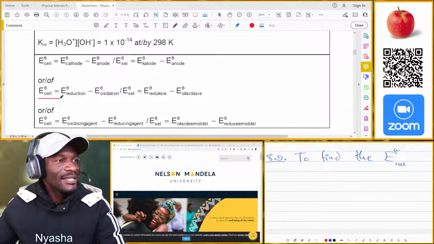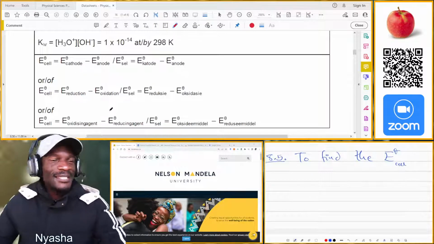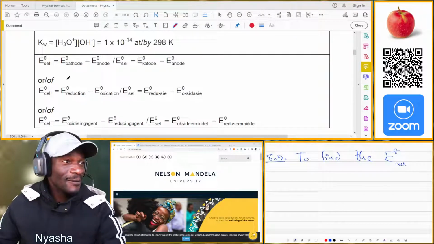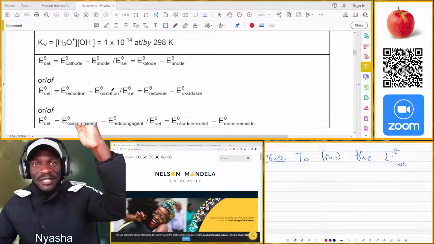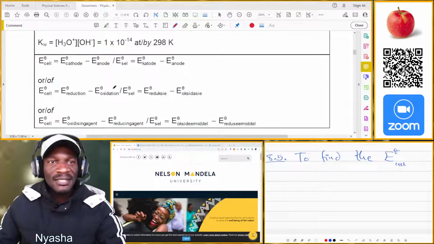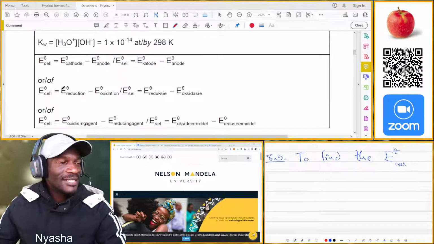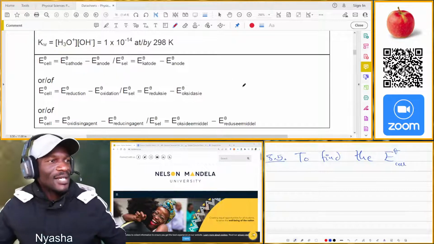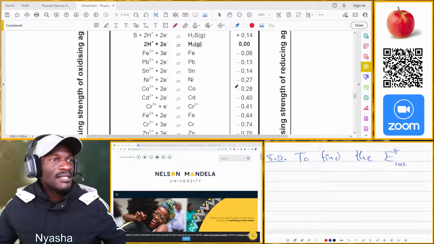Next is E cell is equal to E of the reduction equation subtract E of the oxidation equation. Okay, so which was the reduction equation? You simply go on to the electrochemical series and you pick the value of the reduction process. Right, so let's just see if we can identify the reduction process.